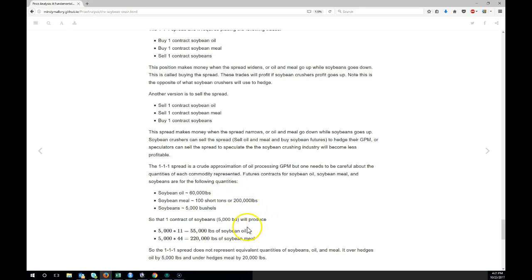Similarly, if you crush 1 contract's worth of soybeans, you're going to get 220,000 pounds of soybean meal. And suppose that you want to hedge that with 1 soybean meal contract. Well, you're producing 220,000, you've only hedged 200,000, so you are underhedged in soybean meal by 20,000 pounds.